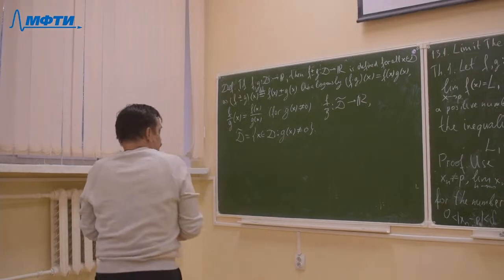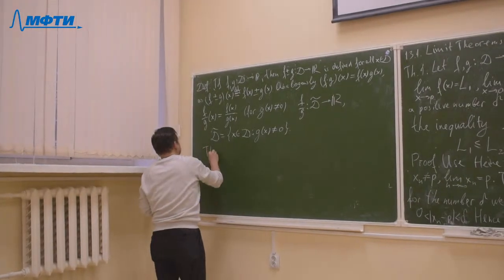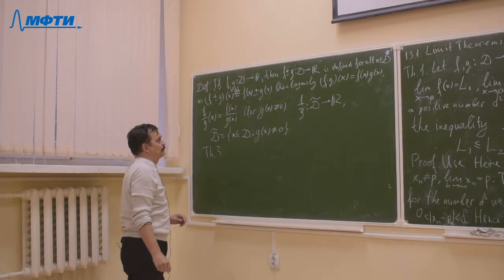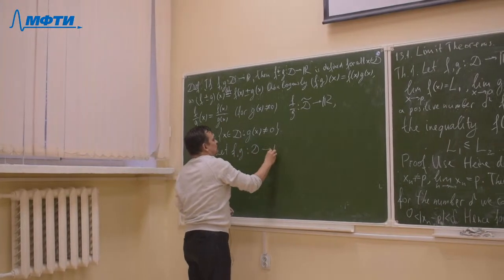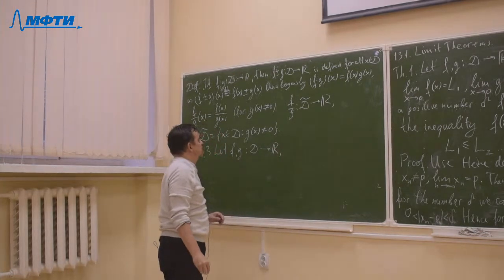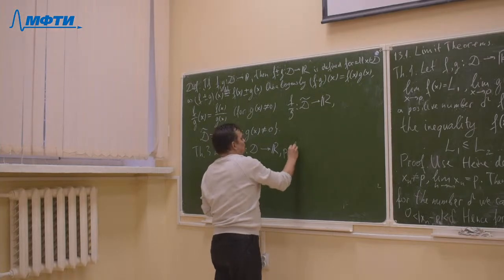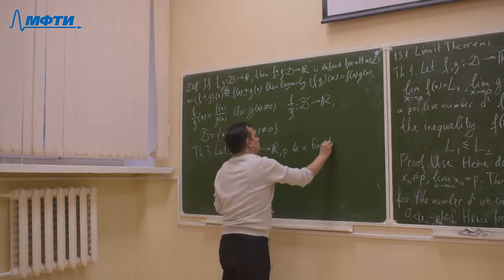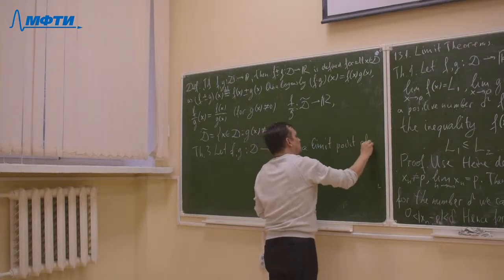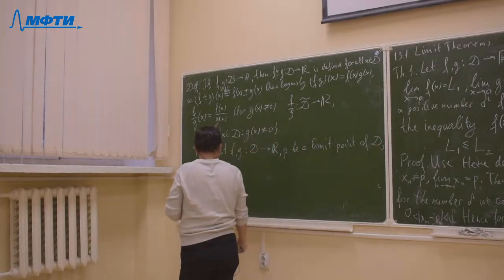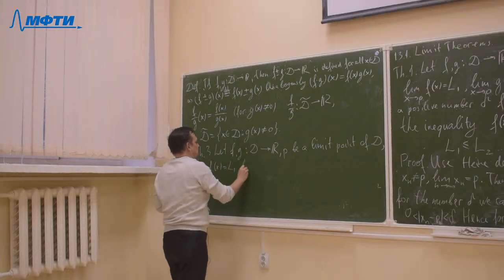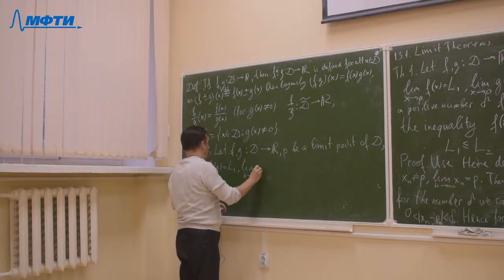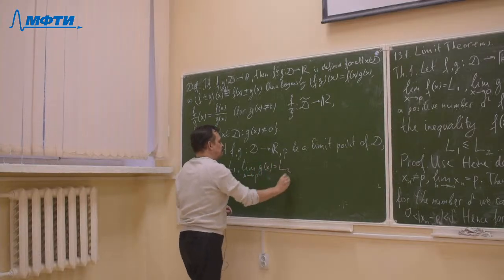Okay, now Theorem 3. Let f, g from D to R, P be a limit point of D, and the limit as x tends to P of f of x equals L1, the limit as x tends to P of g of x equals L2.